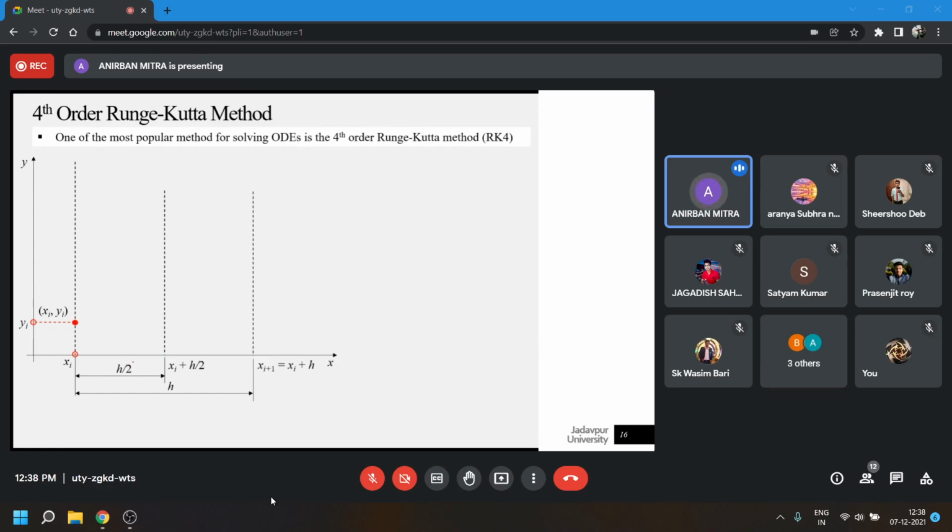That is obviously at a distance of h by 2 from xi. At the initial position, we have a slope k1. This is known. K1 is basically f of xi, yi. Because the point xi, yi is completely known, we know the slope k1. Basically, if you put xi, yi in the function, the functional value would supply you with k1.